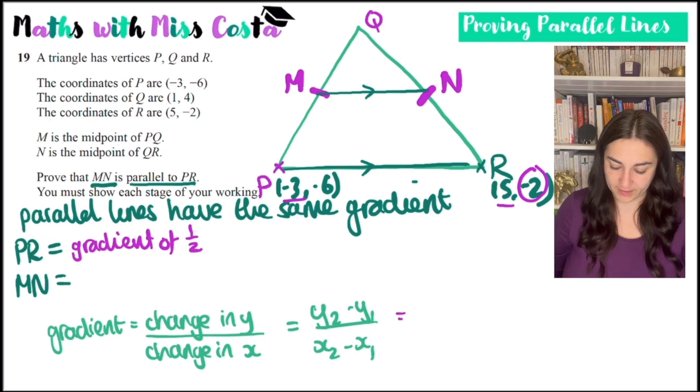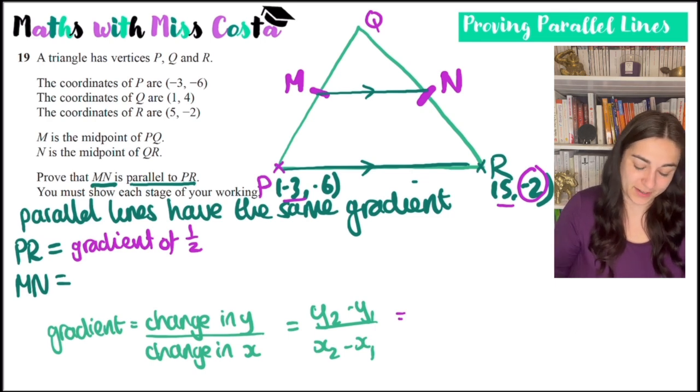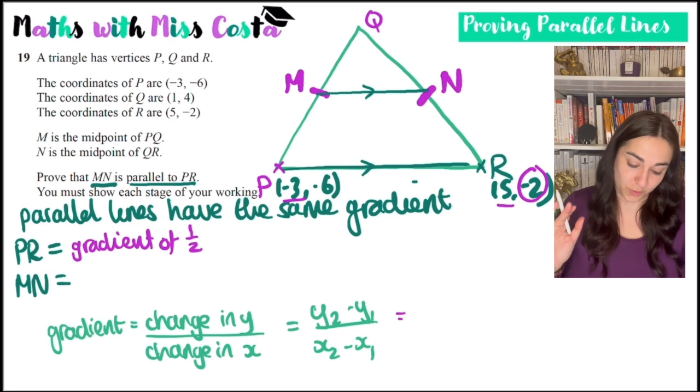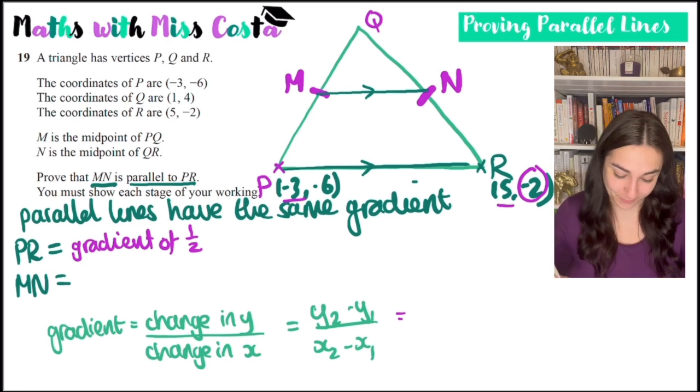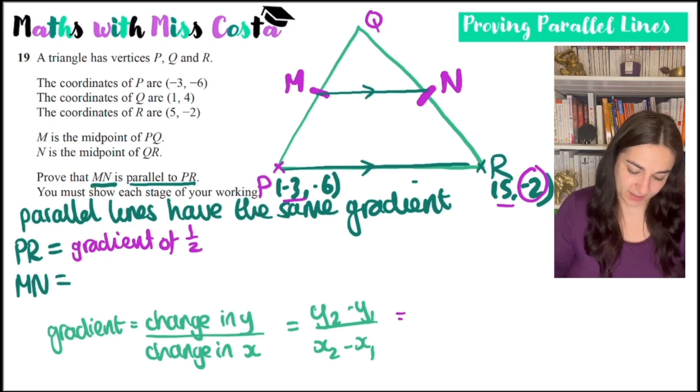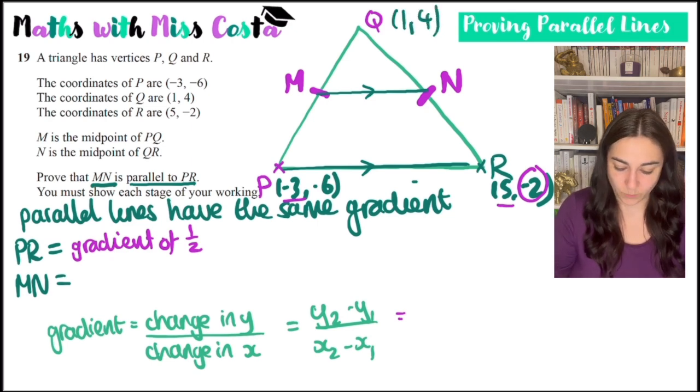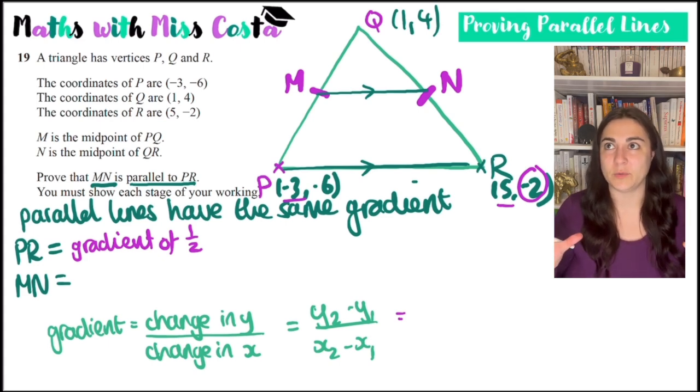Okay, now let's have a look at MN. Have I been given any information about it? Well, all I know is that it's the midpoint of these lines. So what I'm going to have to do is work out what the midpoint is. So what's the coordinate of Q? It's 1, 4. How do I work out the midpoint? Well, how do you work out the middle of anything? You add the values together and you divide by 2.